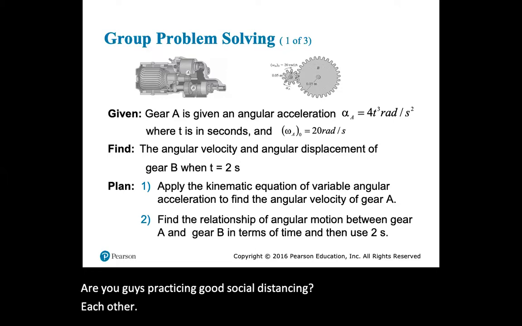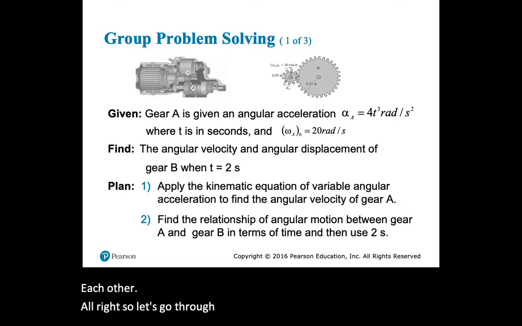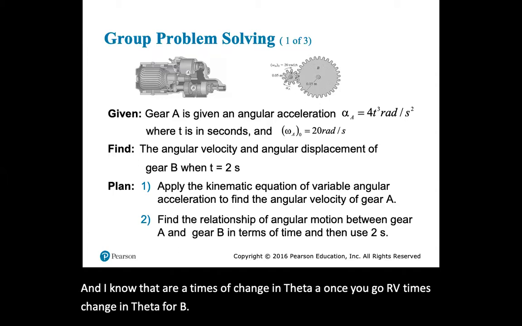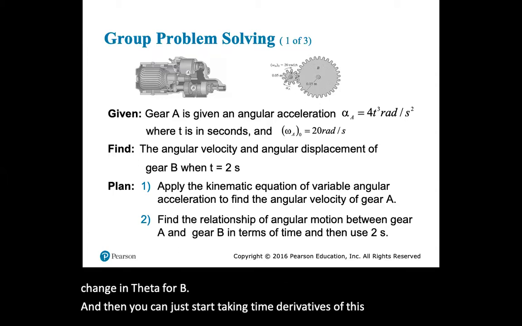All right, so let's go through this one then. I have a small gear A and I have a large gear B. And I know that RA times the change in theta A must equal RB times the change in theta B. Then you can just start taking time derivatives of this because the radii are constant.